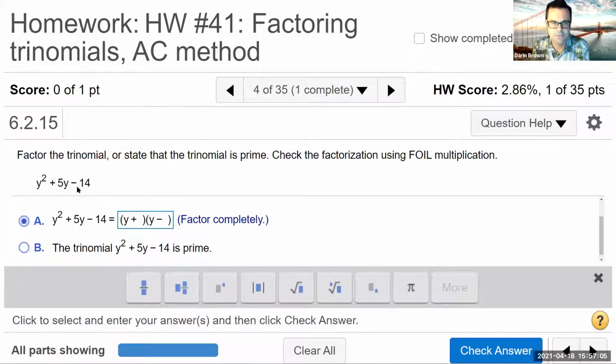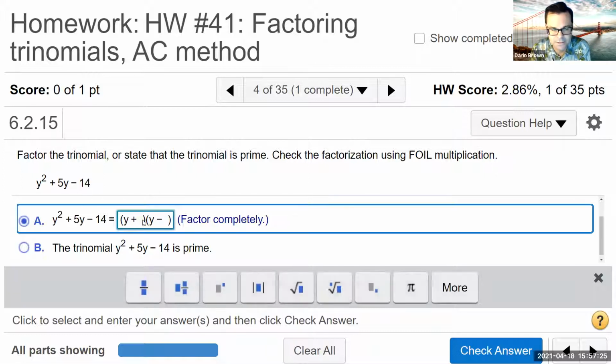So in the one that we were looking at, since this is opposite signs, minus sign, we're looking for two numbers that multiply to 14 and have a difference of 5. Well, 14 only factors a couple different ways. Clearly, 14 and 1 is not going to work, but 7 and 2 work. 7 times 2 is 14. 7 minus 2 is 5. You just have to make sure to get the order right.